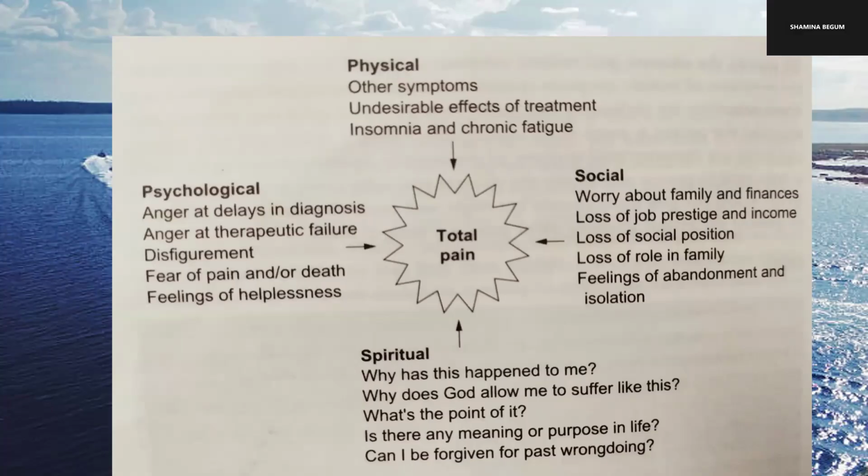And disfigurement. See a breast, an oral cavity, a tongue, or any other. These are some of the diagnoses which cause disfigurement. Diabetic foot, which causes amputation, right? So that can happen.